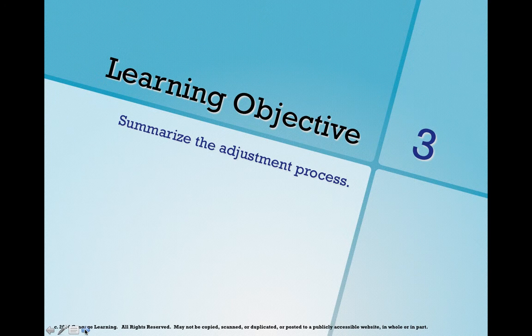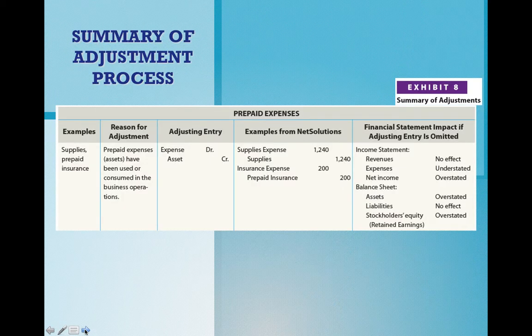Okay. So let's summarize the adjustment process. Here's a good one-stop shop that shows you all of the different types of adjusting entries. So prepaid expenses, you can see it says supplies, prepaid insurance, rent even. Basically those prepaids, they get used up, right?